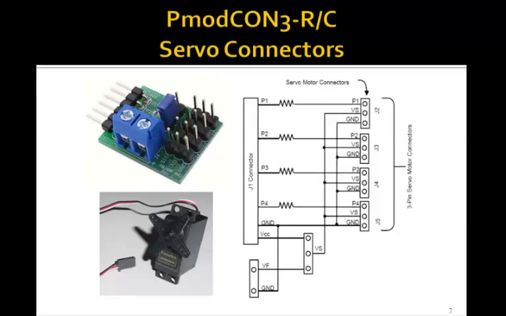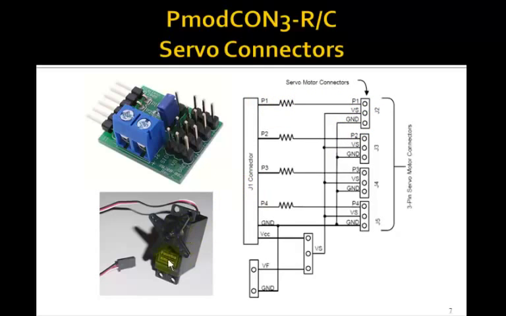Again, Digilent makes it easy to use one of these. You can get a little PMOD connector here for a servo connector, it would actually handle up to 4 servos. This little connector on the servo would plug into one of these, and this pin 1 would be the pulse width modulated signal that would go into one of the PMOD connectors.